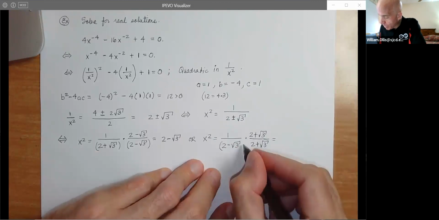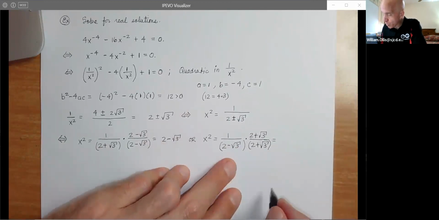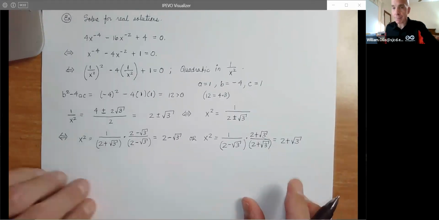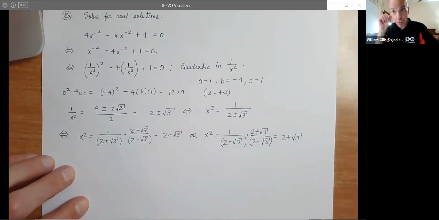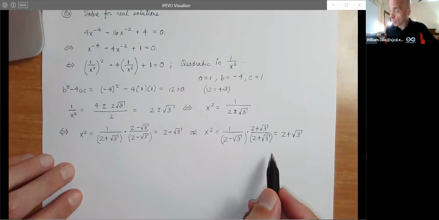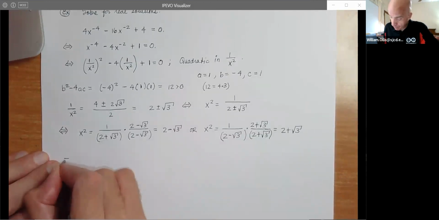Now again, we have the difference of 2 squares in the denominator, just like before, 4 minus 3, which is 1. So we get 2 plus square root 3. This is an additional part just to make the solutions look a little simpler, but not required. Now, square root property.